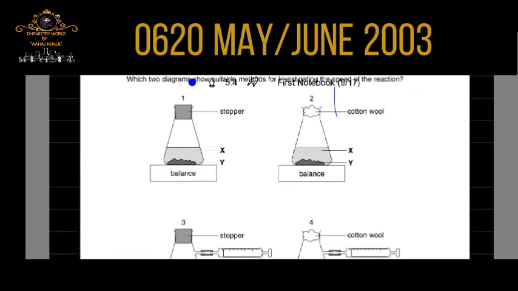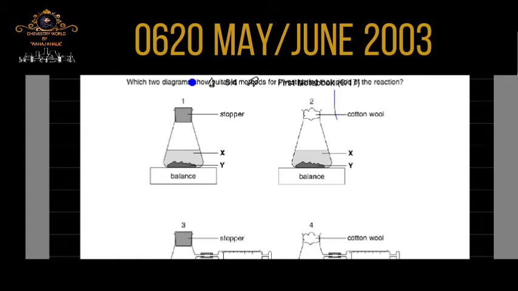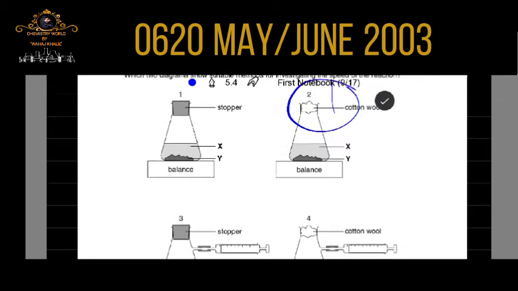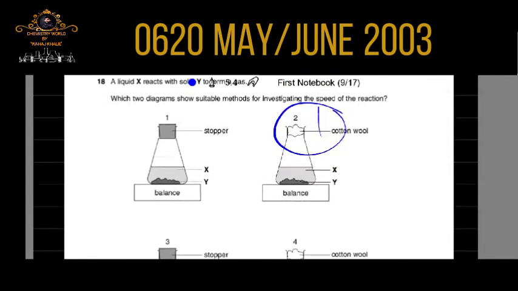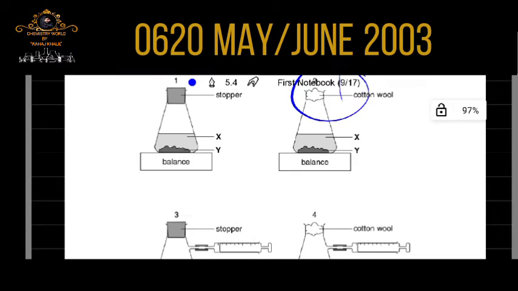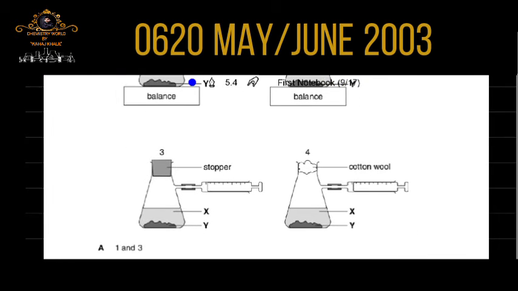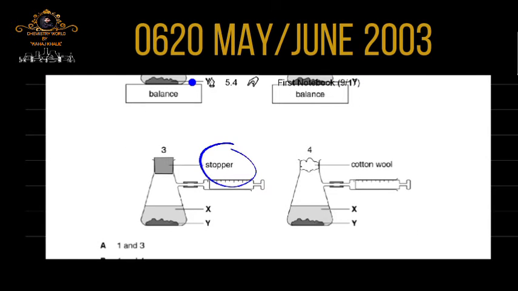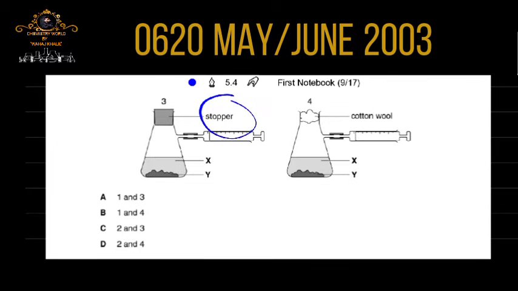For only a balance, I think this one is correct, 2. And for measuring the speed of a reaction, the 3 is right. So 2 and 3. So option C is the right option here.